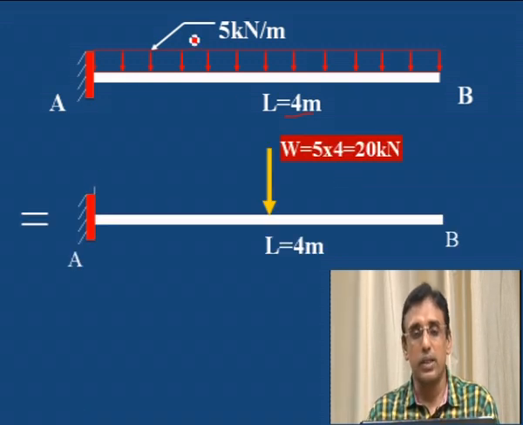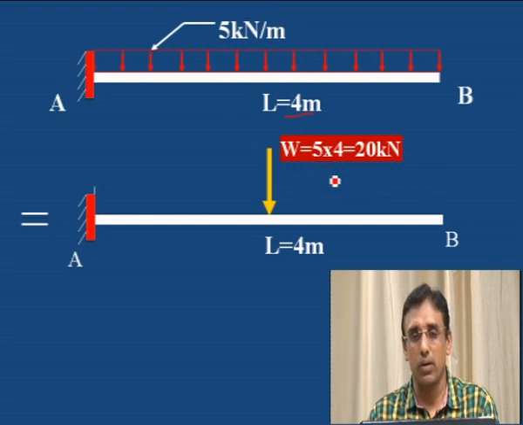See this uniformly distributed load, if you want to convert it into the equivalent point load, this is 5 kilonewton per meter multiplied by 4 meter. It is 5 kilonewton for every 1 meter it is acting. For 4 meter, 5 into 4, it is 20 kilonewton acting at a distance of half.